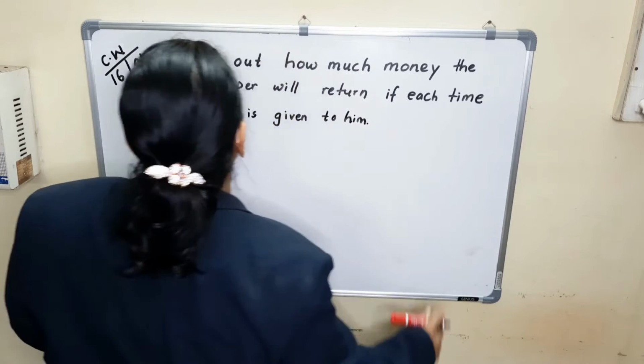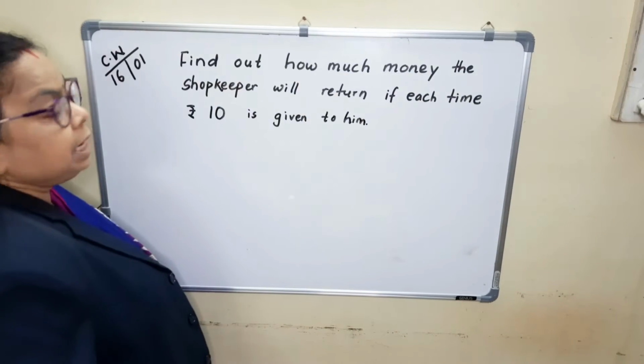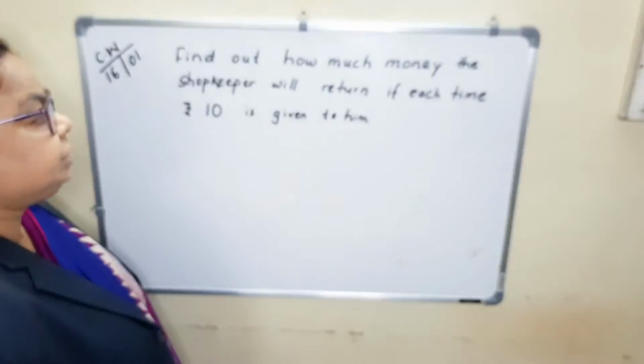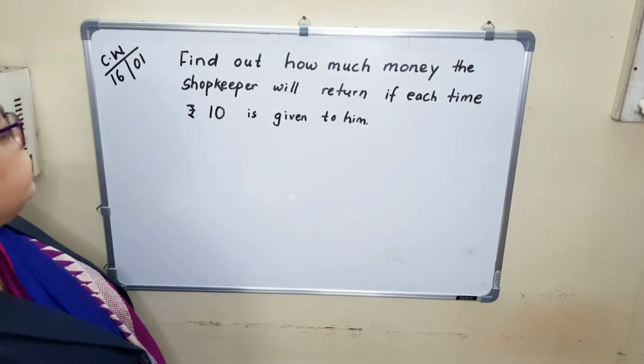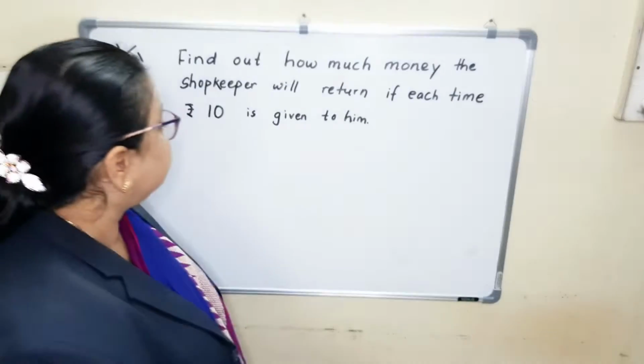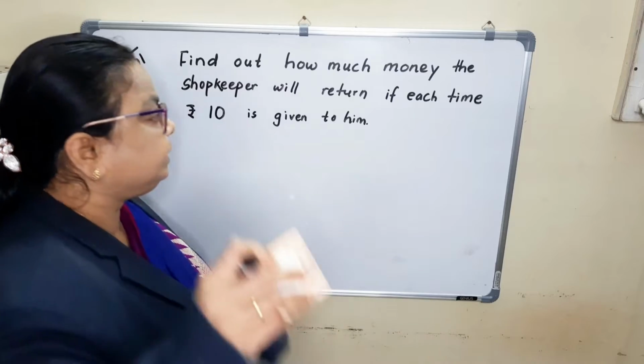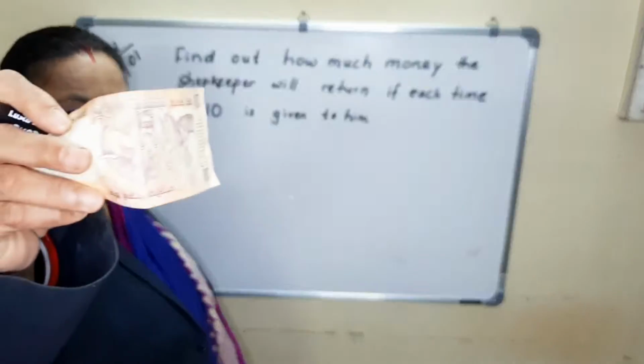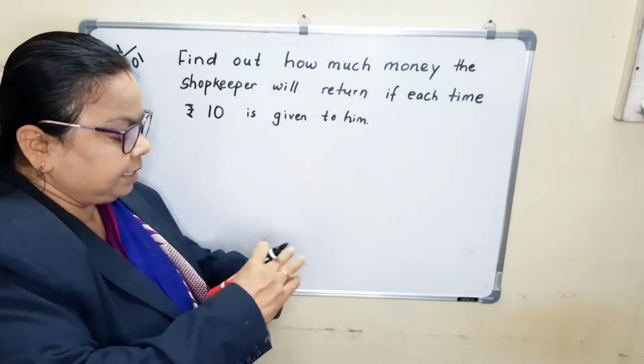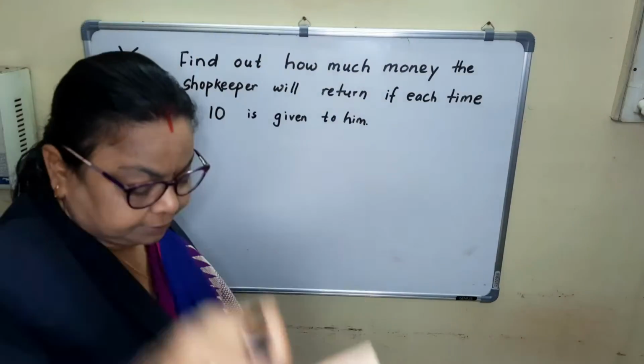So children, this is the question: find how much money the shopkeeper will return if each time 10 rupee is given to him. Okay, children, you see it is 10 rupee.